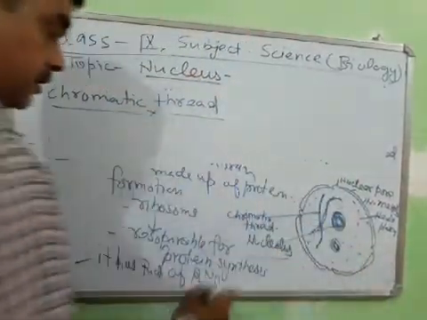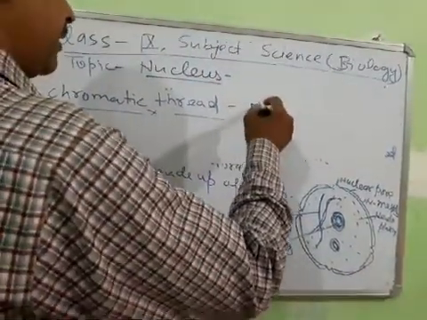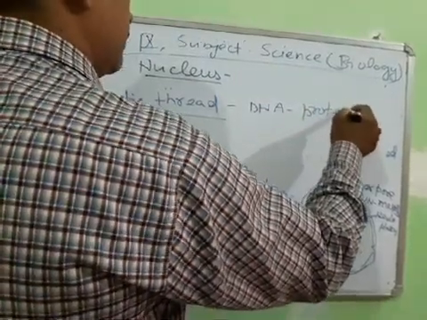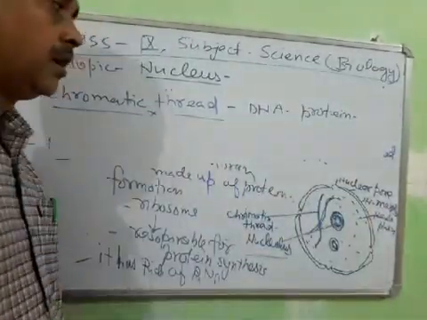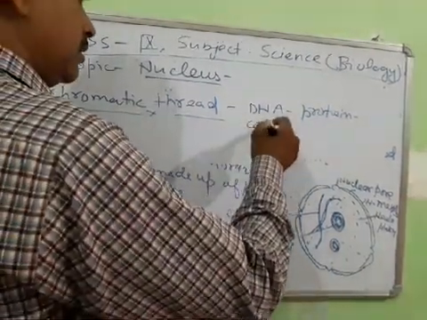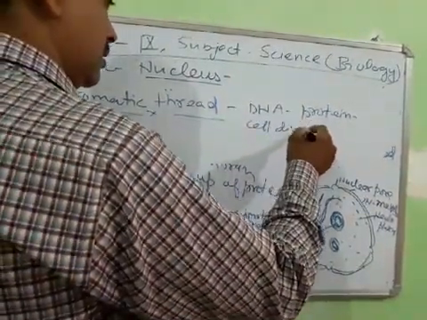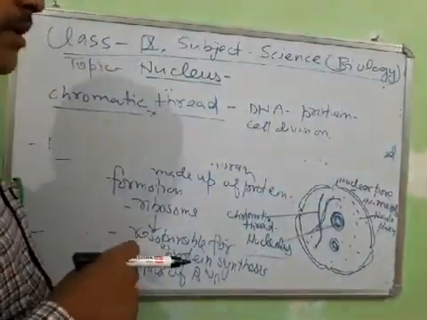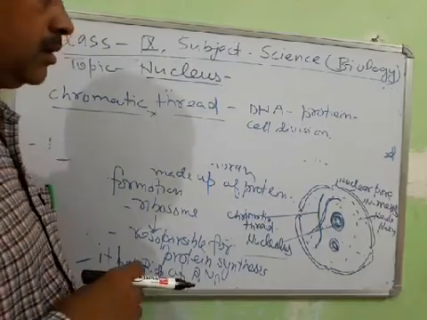So this is the chromatin thread. This is made up of DNA and protein. During cell division, they make up the genetic material of the cell.